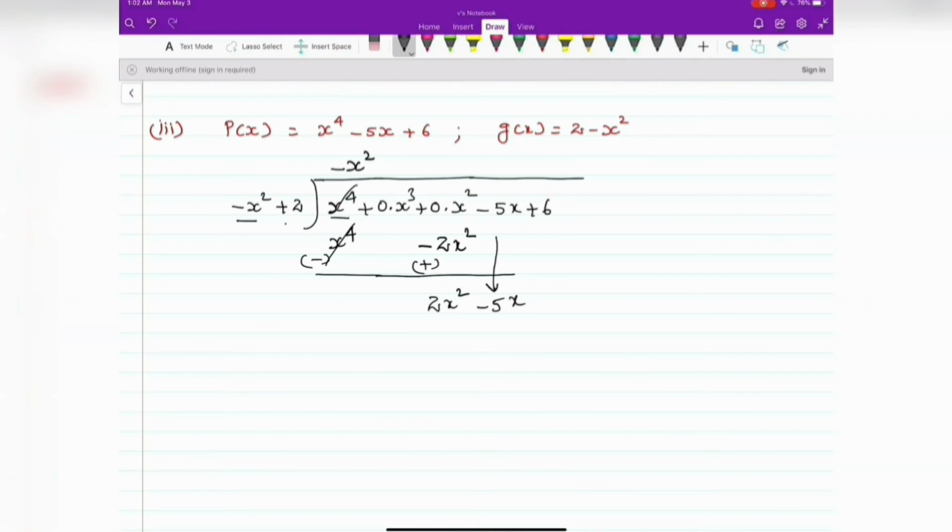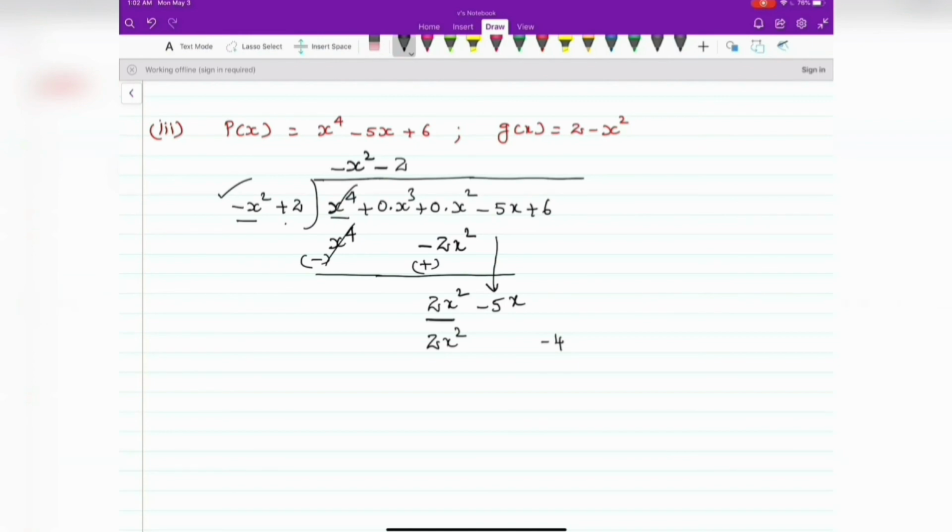I want 2x square, but I am having here minus x square. So let me multiply it by minus 2. Once I do that, I will be getting 2x square. Then plus 2 into minus 2, that will be minus 4. So let me write here separately minus 4.